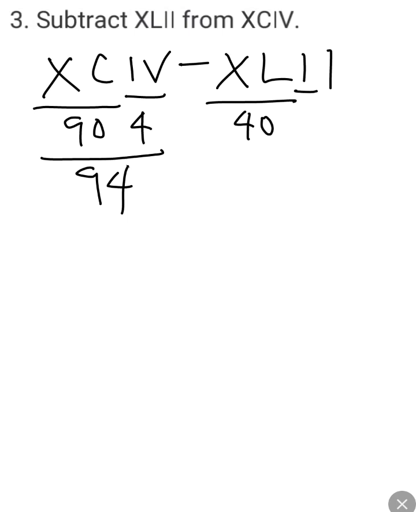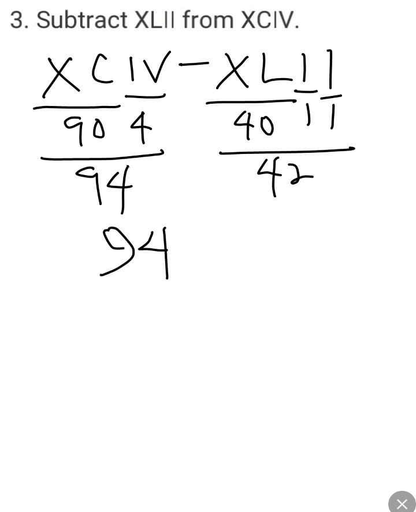So the first I is 1, the second I is 1. So at the end of the day, we have 40 plus 1, which is 41, plus 1 again, and that will be 42. And so in the Arabic code, XCIV minus XLII is actually 94 minus 42.